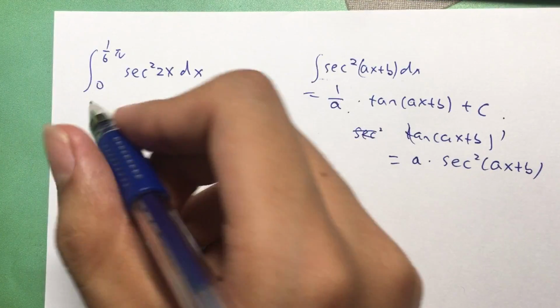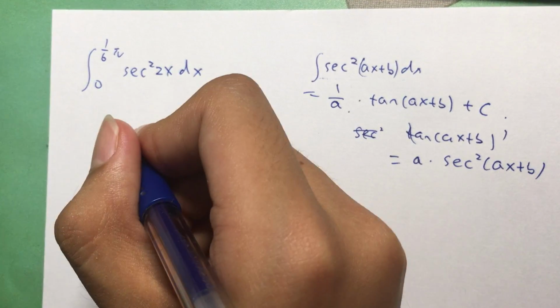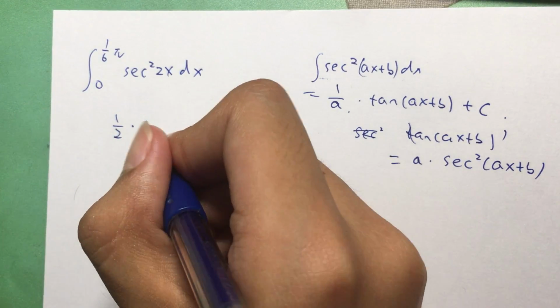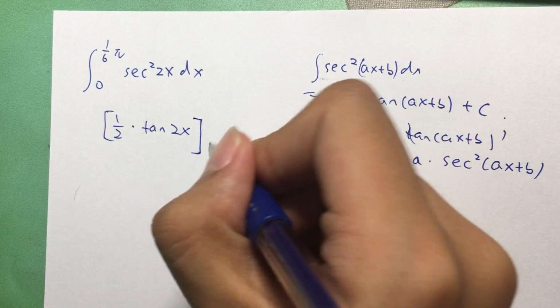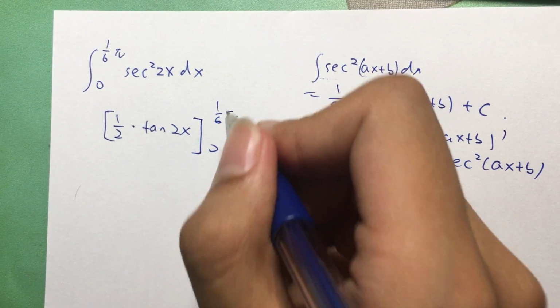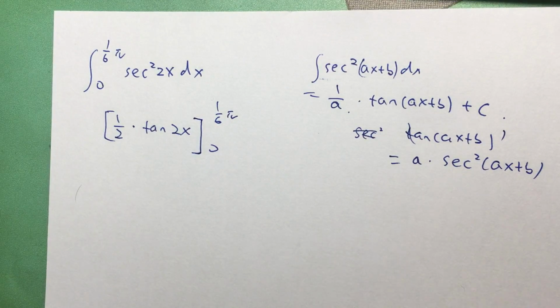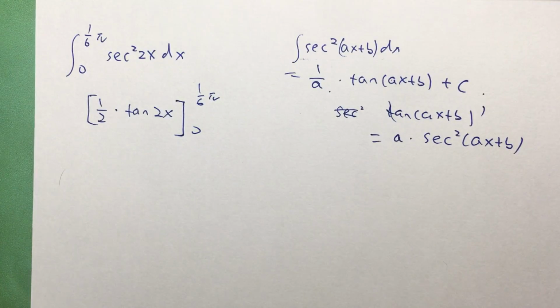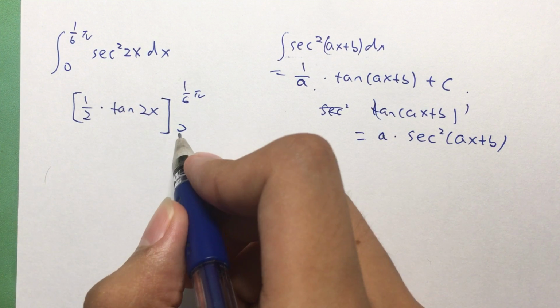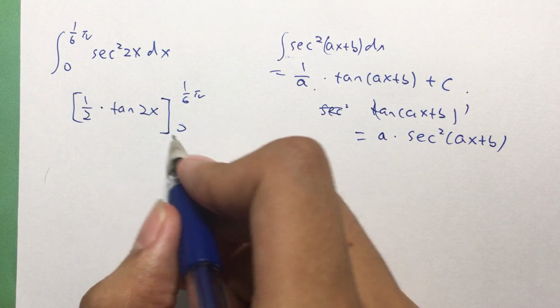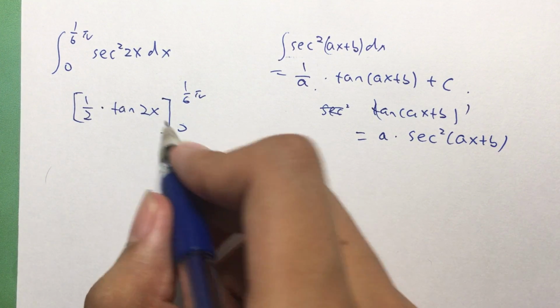So now let's do this one. We have a half at the front and times tangent 2x. We write the brackets and we write the range. Now we use the skills we discussed yesterday, where we substitute this value in and then minus the situation when you substitute the lower value in.